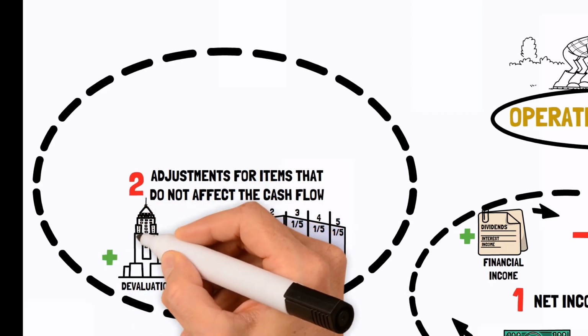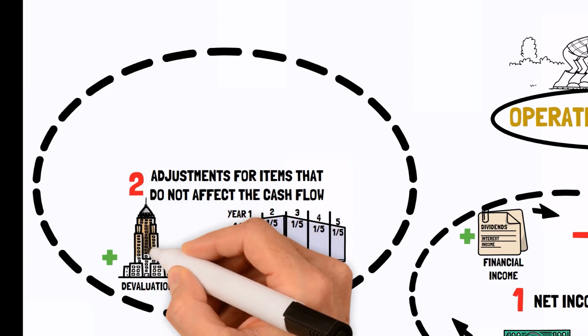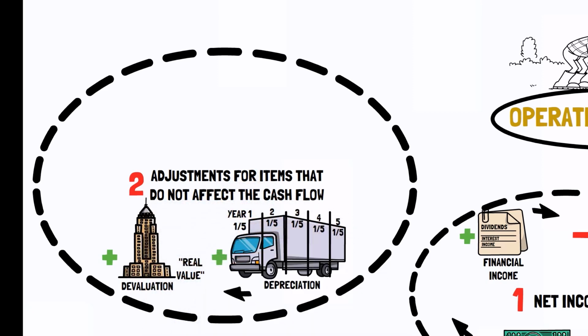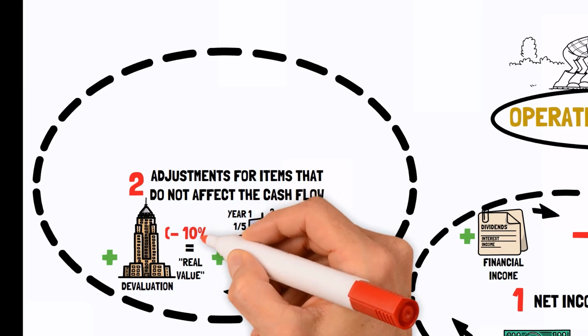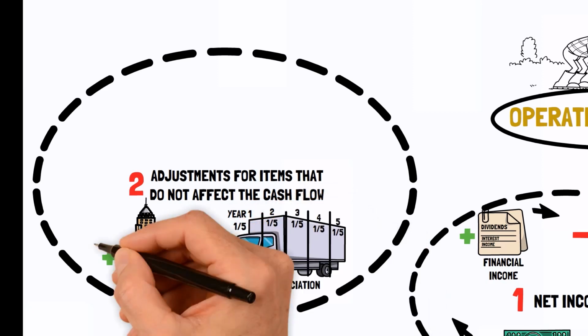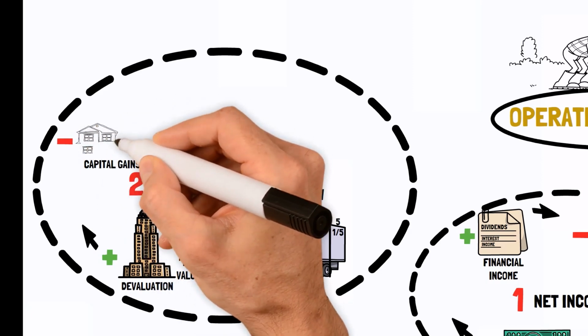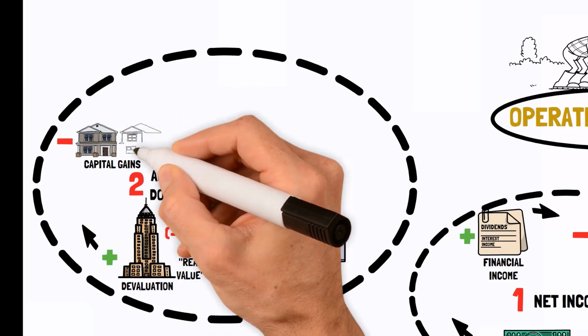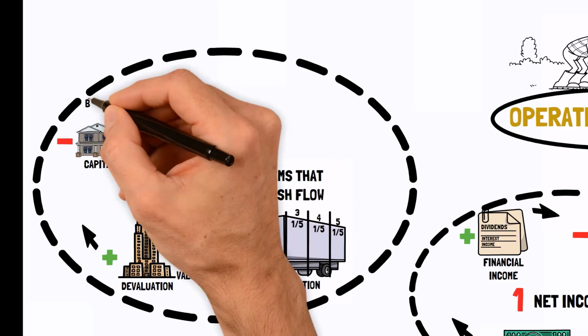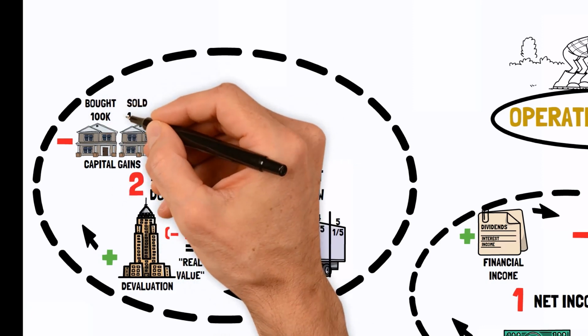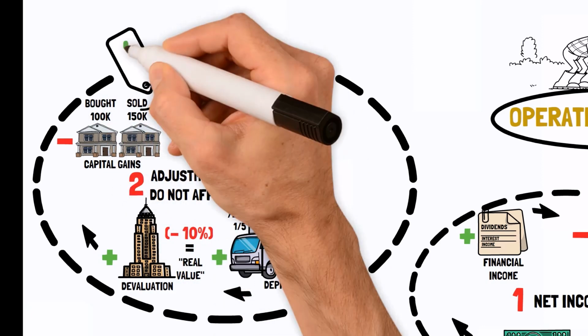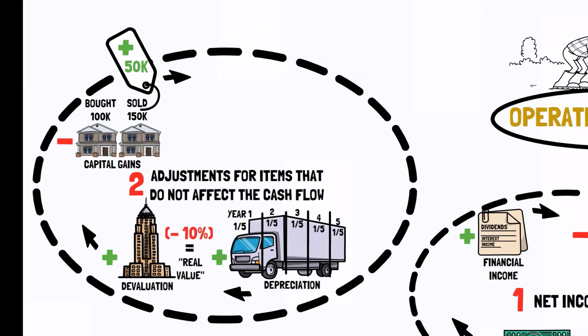This can be an adjustment within, for example, a property where the real value has fallen by 10% concerning the book value. Subtract capital gains. Capital gains occur, for example, when a house has been bought for a lower price than it was sold for. The difference is the capital gain.